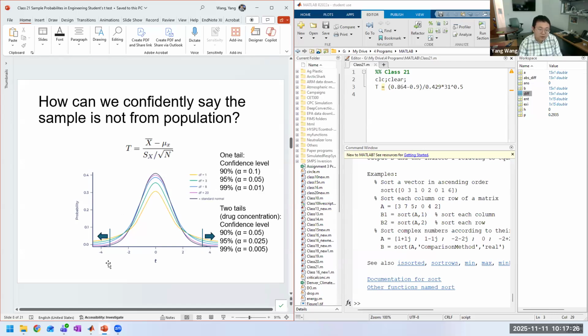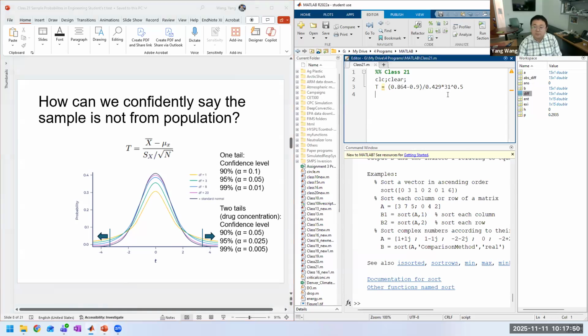If the sample t is within this range, then we can say that at 95% confidence level, the drug satisfies the standard, the requirement. If the t-value of the sample is below negative 2.042, or above positive 2.042, then we say that it doesn't satisfy the proposed population, right? The null hypothesis is going to be rejected.